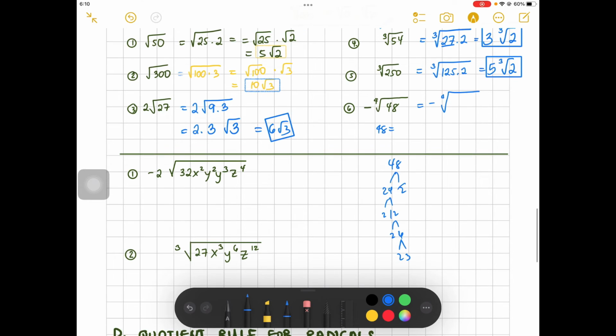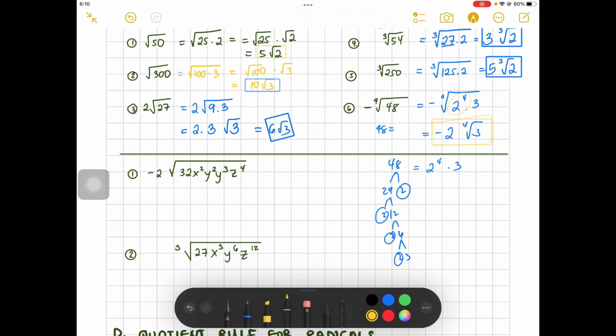So we can see here that there are 4 twos. So meaning that 48 is equal to 2 raised to 4 times 3. So we can rewrite this as 2 raised to 4 times 3. So where is the perfect fourth power? This is the perfect fourth power. So we just take it out, negative 2 fourth root of 3.